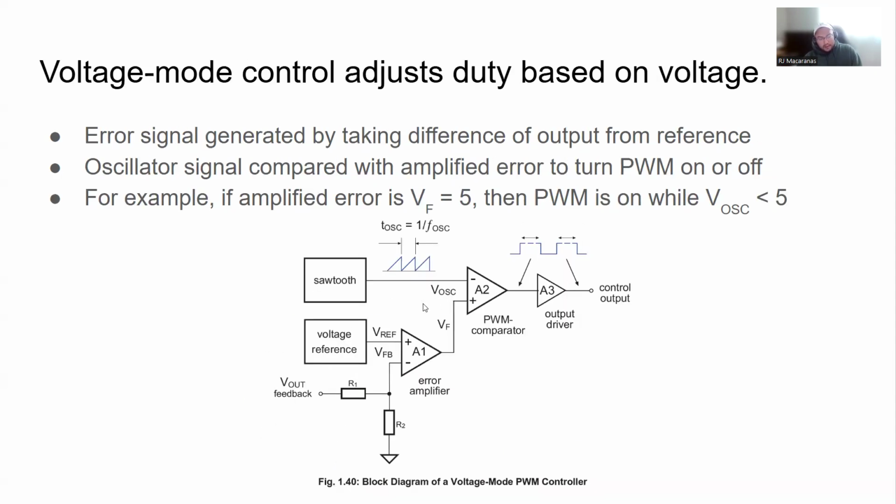So in this example, when this VF is above our oscillator, we're going to turn this signal on, right? Or I guess, let me see.